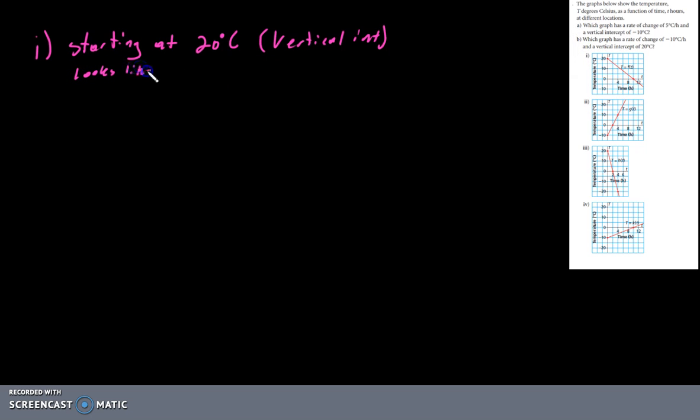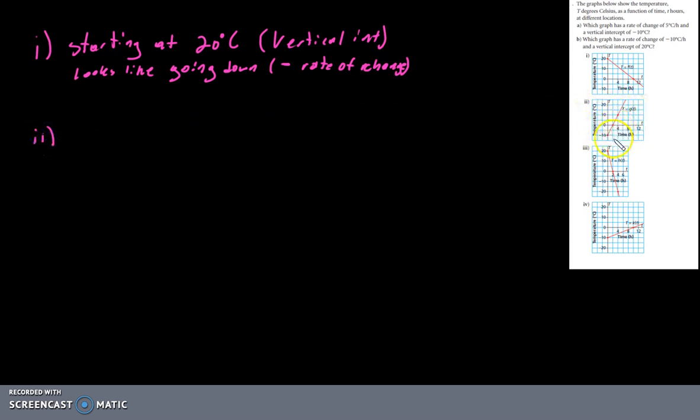And this tells me that there's going to be some sort of a negative rate of change. I don't know what that rate of change is, but I know it's going to be negative because it is going downwards. Let's go ahead and look at II.